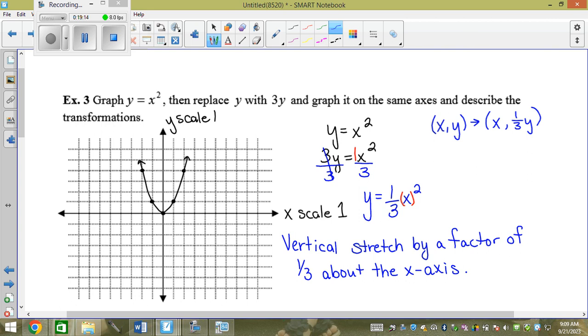For example, (-2, 4) is going to become (-2, 1/3 times 4), so (-2, 4/3), or 1.33333 repeating. So it's like here. And then (1, 1) goes to (1, 1/3). And then 0 stays 0.